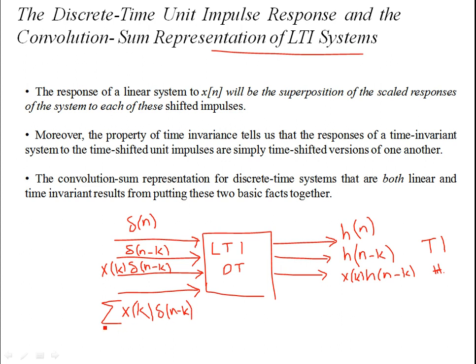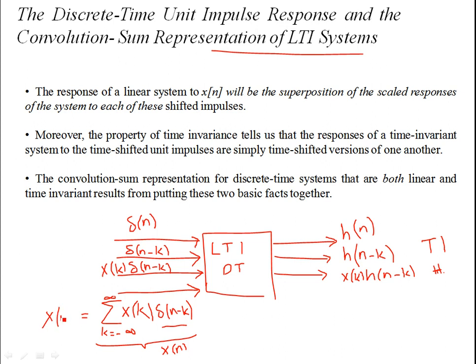So I'm summing up all the shifted impulses. Let's say in general, this happens from minus infinity to plus infinity. Then on the left hand side of the system, you can interpret that this is an arbitrary sequence x of n. Since x of n can be decomposed into the unit impulse sequences, this is my x of n, and this is indeed my x of n.